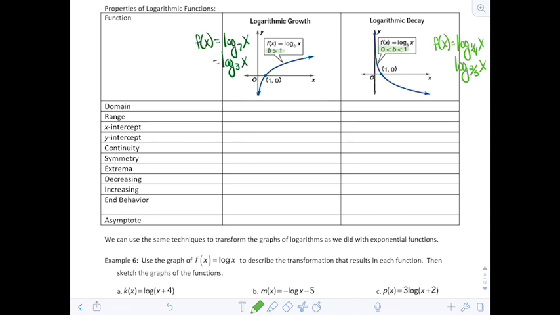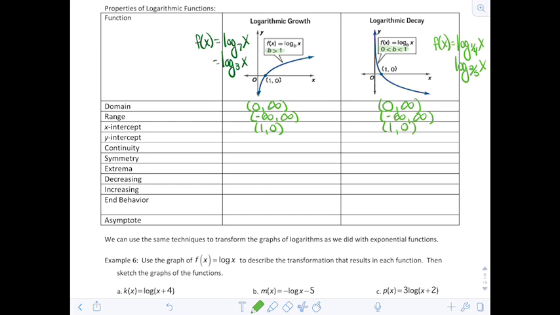All right, so as we look at these, we're going to look at all of their characteristics. The domain for growth and decay is strictly 0 to infinity. You don't have any negatives. The range for both will be negative infinity to infinity. They both have an x-intercept of 1, 0.